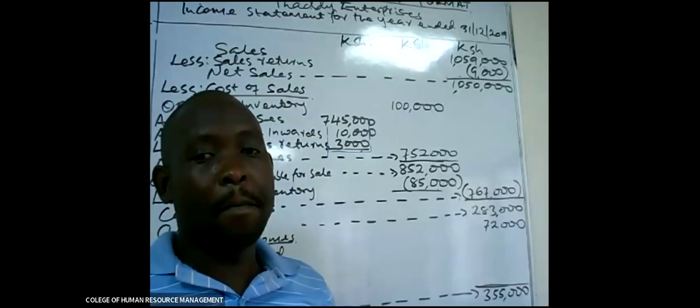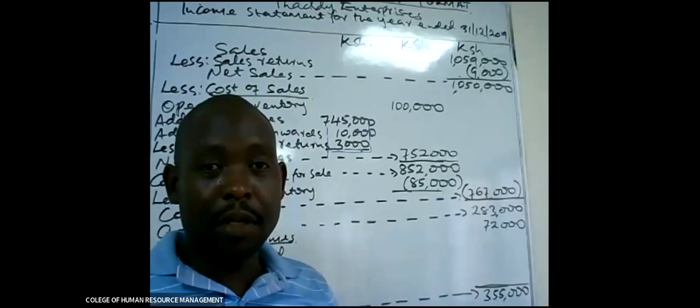Come again. If before the year ended, I had a prepaid expense of 2,000, so I add, or deduct? You deduct. Prepayment.